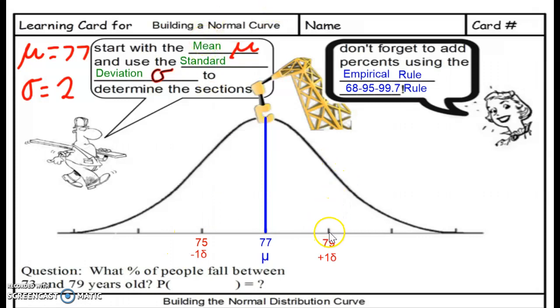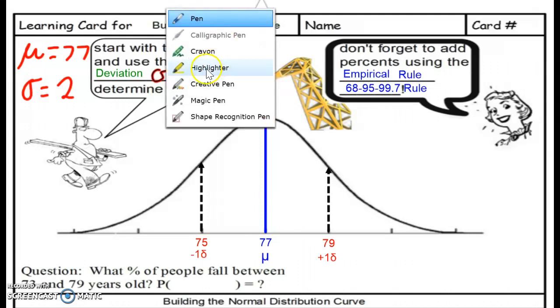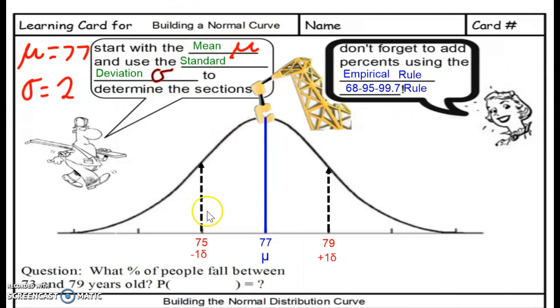Well, one thing that it can tell me is this. If I were to put a vertical line there and another vertical line here, I would create a section that is a piece of the normal curve. And if I were to highlight that section, let's go to a highlighter here.